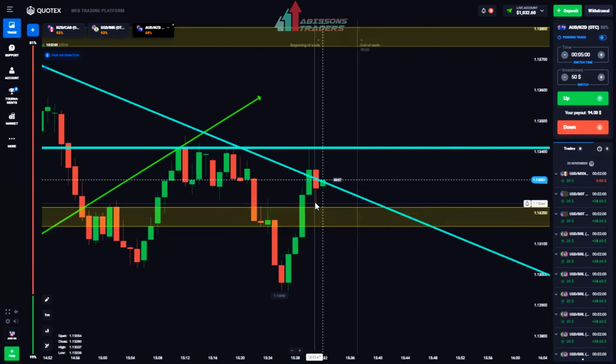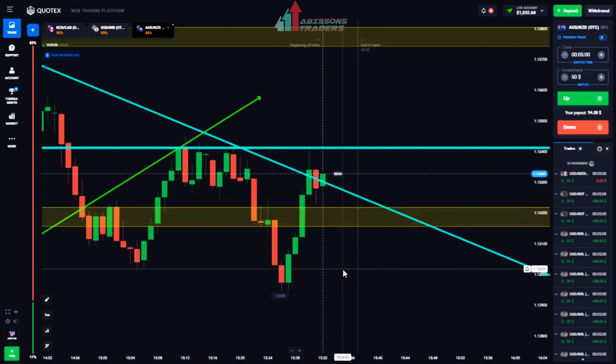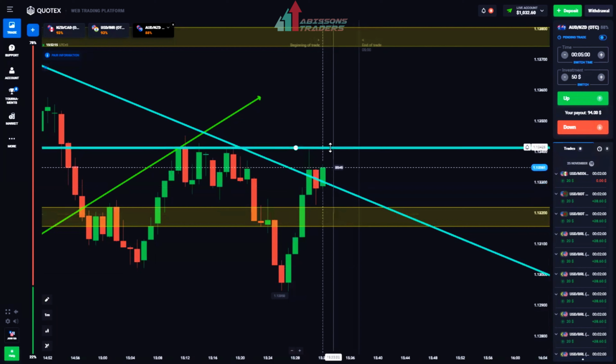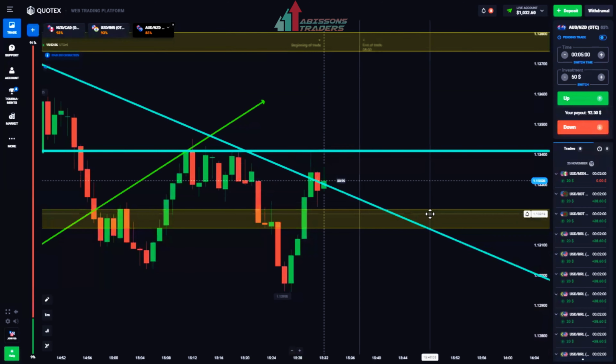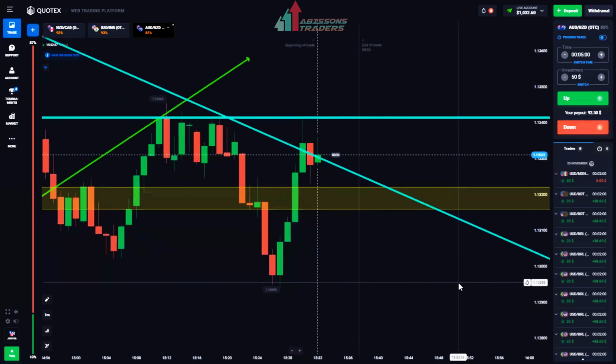This rejection here is very dangerous. We need to study the candlesticks as well. So let's wait. You can see they are going up again. So let's see if they react here again and come down. Let's wait for another momentum candle.